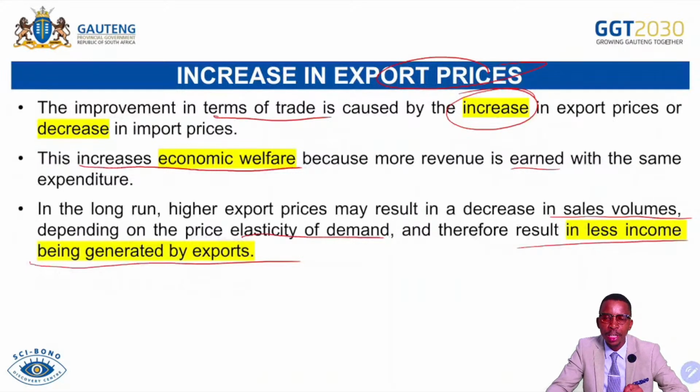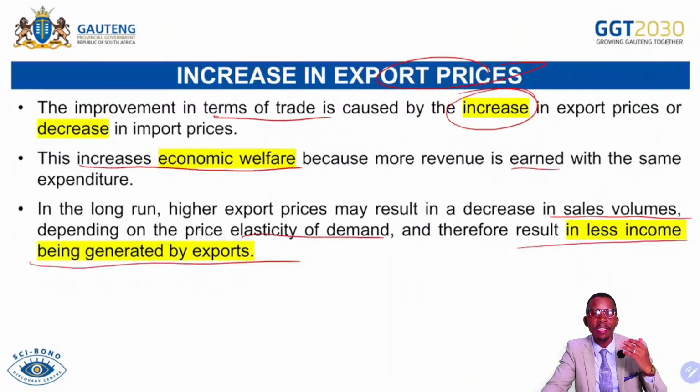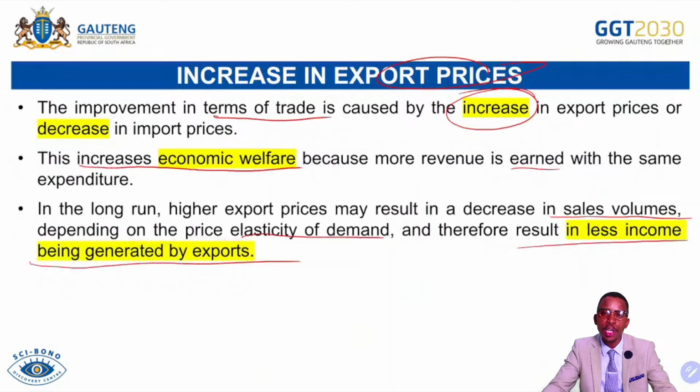So it is very important for you to note the impact or the effect of elasticity of demand on the terms of trade. Don't be confused whenever the examiner happens to ask you, what is the impact of elasticity of demand on terms of trade? You need to keep in mind that as export prices are increasing, we know that terms of trade will be increasing.